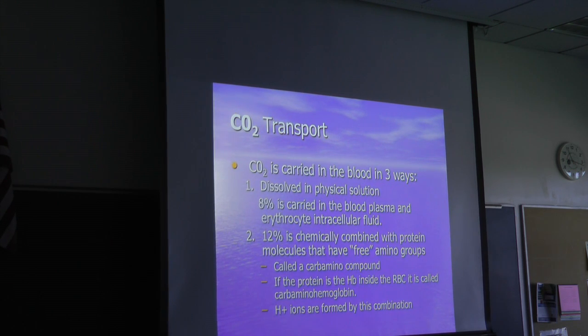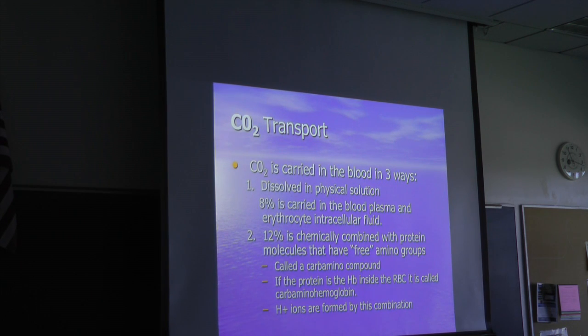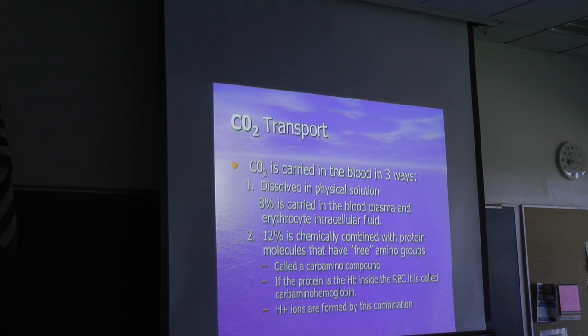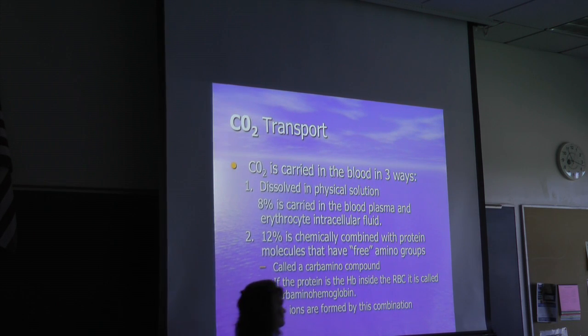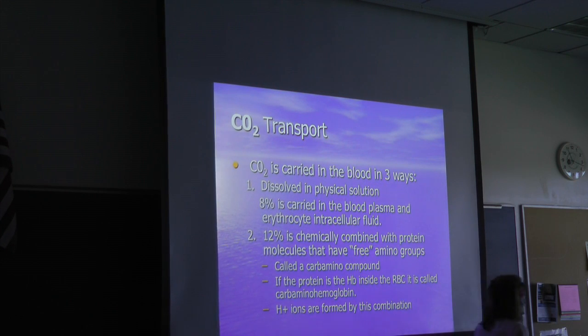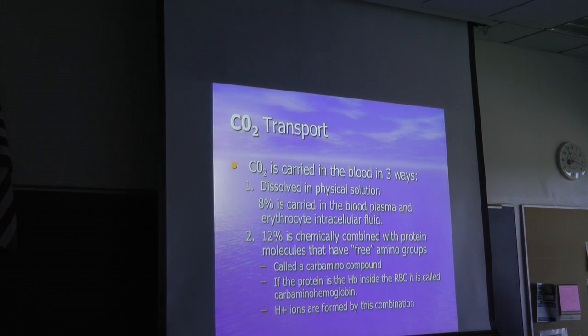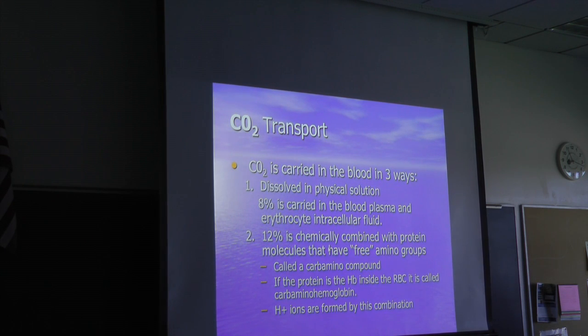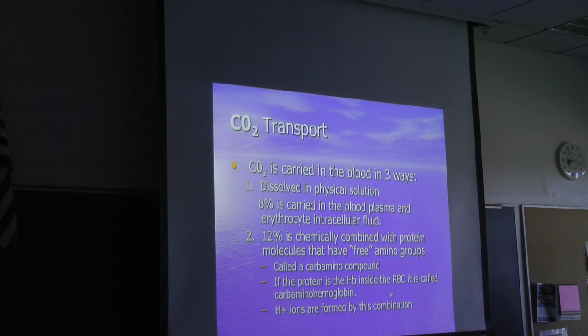Can you see this? That's considered an amino group. When you have a nitrogen with a couple hydrogens on it, amino group. So free just means that it's available. So this protein molecule with these amine groups, it's called a carbamino compound.